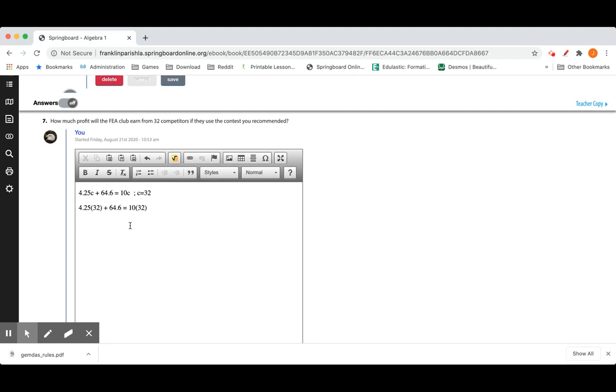4.25 times 32 is 136, plus 64.6. That's going to be equal to $200.60. I'm going to break these two down separately. 10 times 32 is 320.